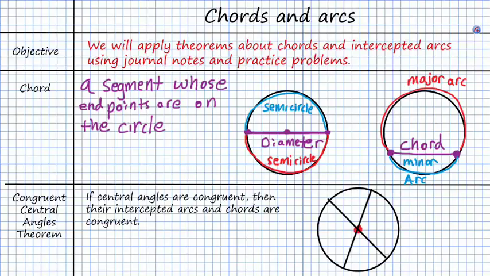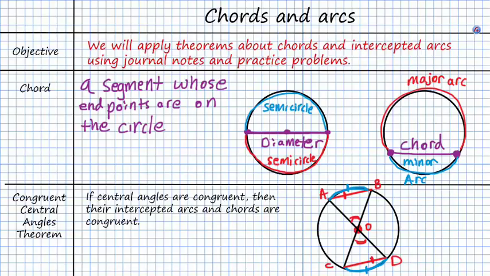Then what this is saying is that if the central angles are congruent, so if I have this being true about point O, and we'll call these points A, B, C, and D, then their intercepted arcs and their chords are congruent.